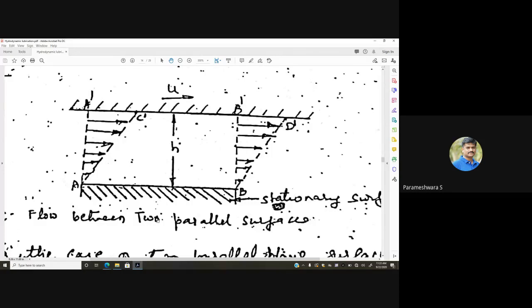The velocity varies uniformly from 0 at the surface of AB to maximum velocity u at the surface of A dash B dash, and the rate of shear throughout the oil film is constant. See, this shear rate is constant throughout the oil film according to Newton's law of viscosity.